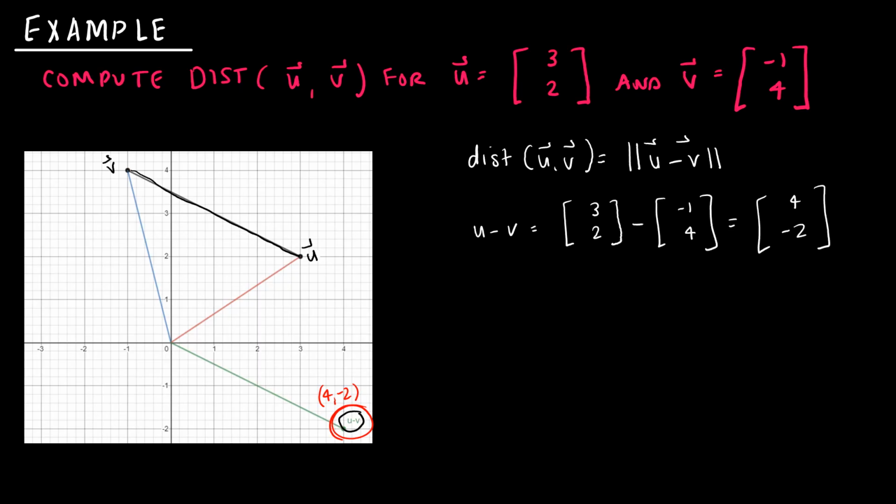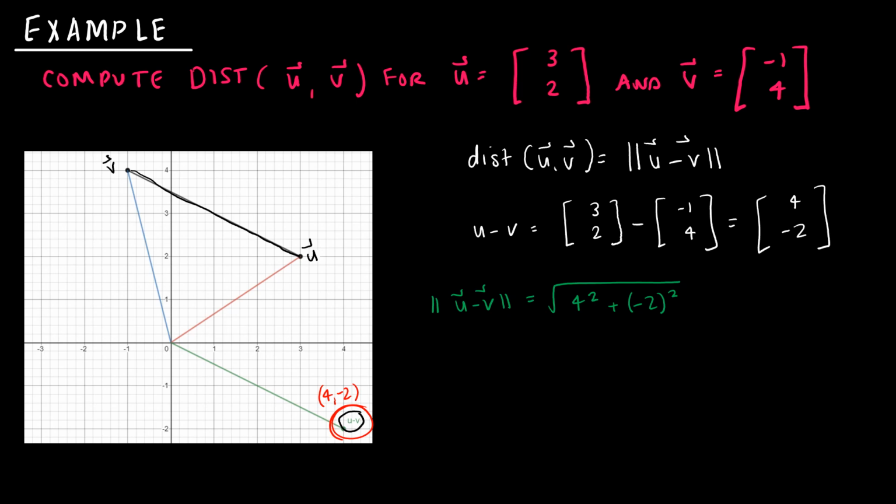What I'm now trying to do is find the length of u minus v. The length of u minus v is just going to be the square root of 4 squared plus negative 2 squared, because that's the formula we talked about for length.